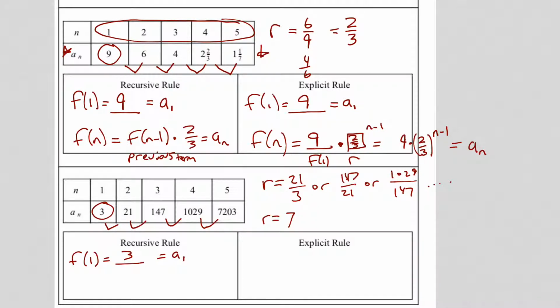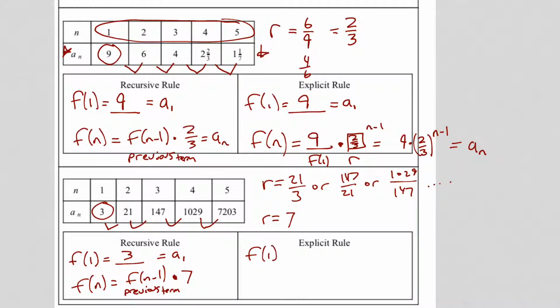And from here, we write our formula. f of n is equal to f of n minus 1, which is math code for previous term, times whatever r is equal to, and r in this case is 7.